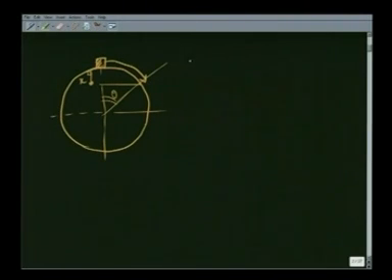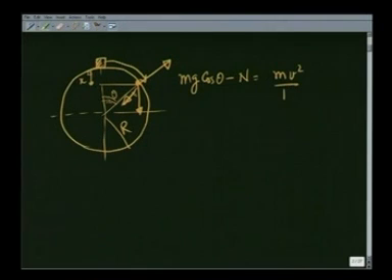So, in this case I know at this point it requires a centripetal force to go over this circular path. So, at this point the forces on this are mg in this direction and the normal reaction in this direction. The component of mg towards the center gives it the centripetal force, and therefore, if this angle is theta, so is this, you have mg cosine theta minus N is equal to m v square over r.